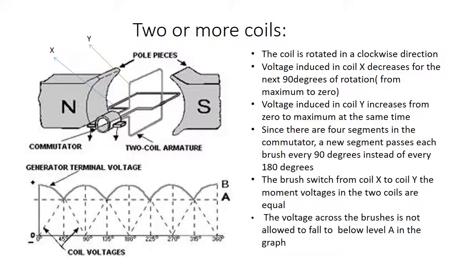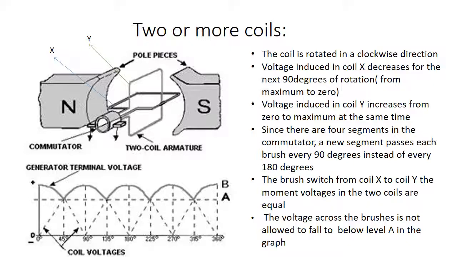This allows the brush to switch from coil X to coil Y at the instant the voltages in the two coils are equal. The brush remains in contact with coil Y as its induced voltage increases to maximum level B in the graph. It then decreases to level A 90 degrees later. At this point, the brush will contact coil X again.